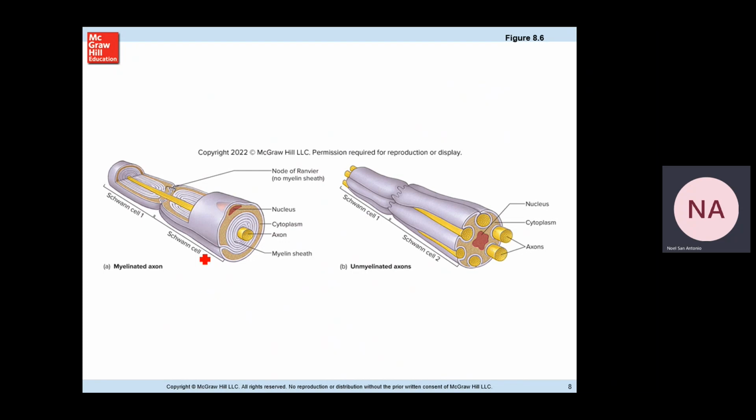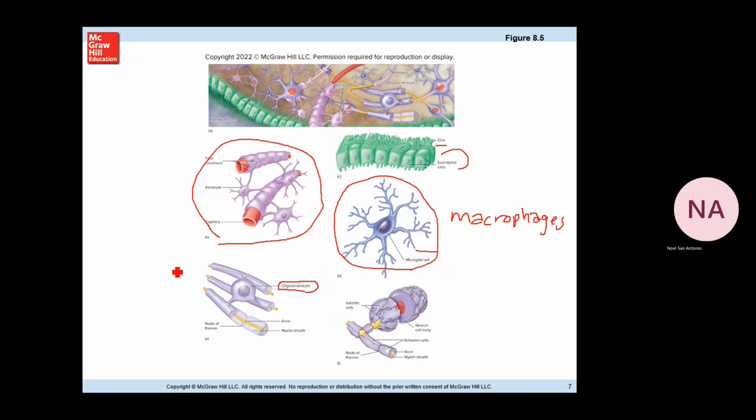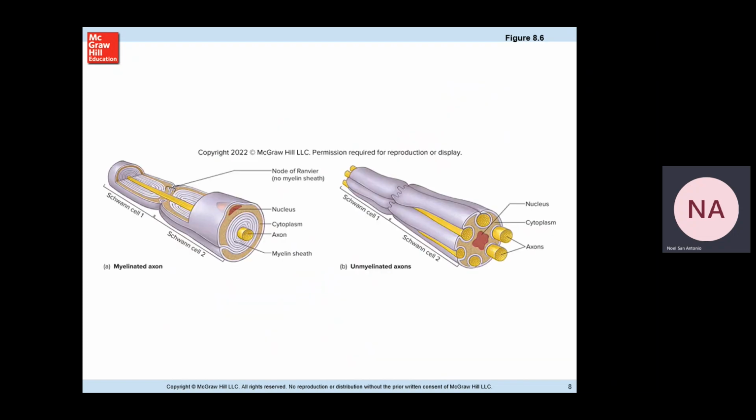Aside from that, Schwann cells also are the ones that produce myelin sheath in the peripheral nervous system. In the central nervous system, it is oligodendrocytes. In the peripheral nervous system, it is the Schwann cell that produces myelin sheath.